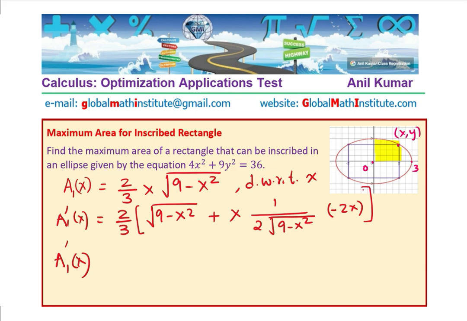So we can now write this as equal to 2 over 3. So within this bracket, we can take the common denominator of 2 times square root of 9 minus x squared, right? So when you multiply this here, you get what? You get 2 times 9 minus x squared, right?